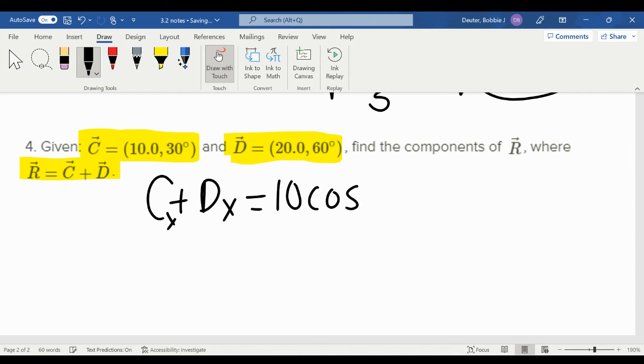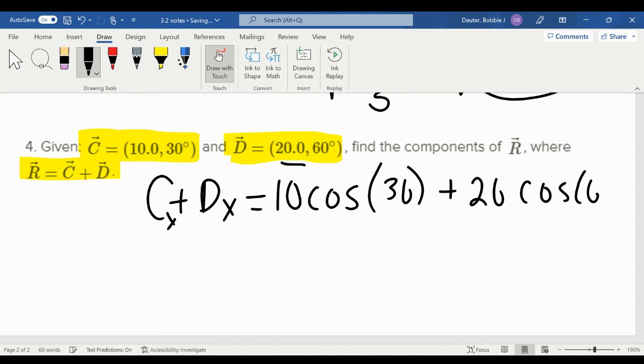Hint, when we look for x, we typically use cosine. And then we're going to go at 30 degrees. We're going to add that to our D value. Our D value, we're going to start with 20 because that is our unit value here, and go cosine of 60 because that's our degrees for that. So again, we're solving for x.